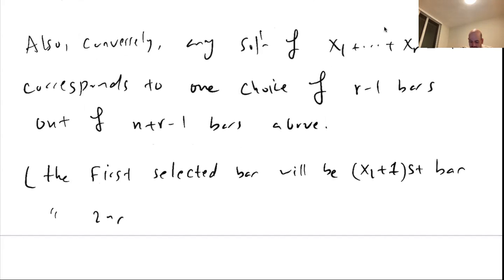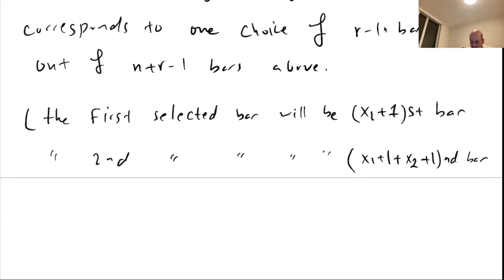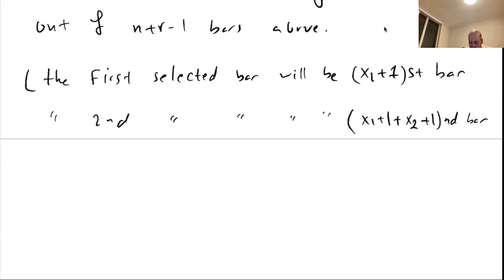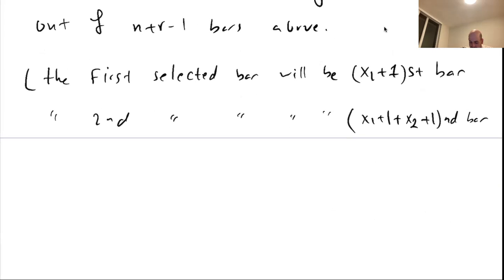The second selected bar will be x1 plus 1 plus x2 plus 1 bar, and so on.